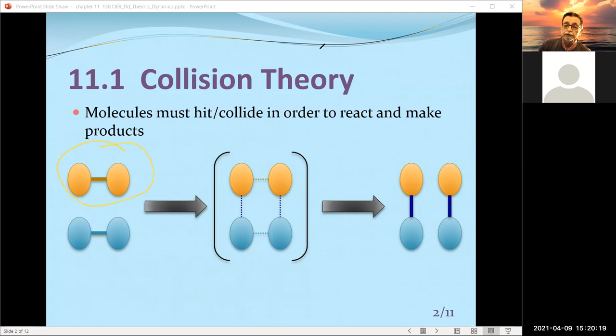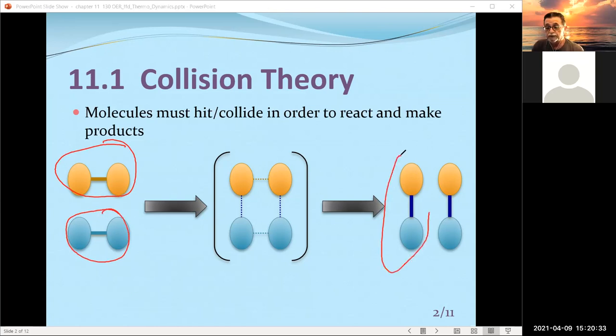Let me change the color a little bit. It's not coming out very well. Okay. We have this diatomic coming together with this diatomic. All right. Eventually, we want to create these new products. Okay. And you can see that we got to break a bond here in order to create a new bond.